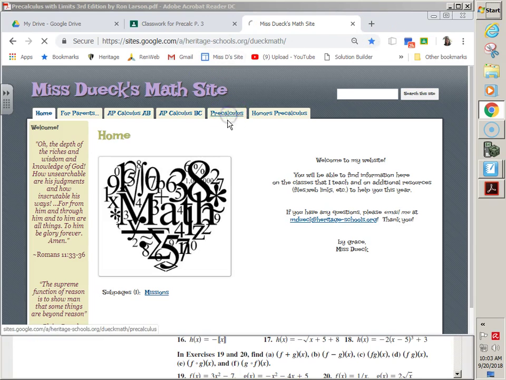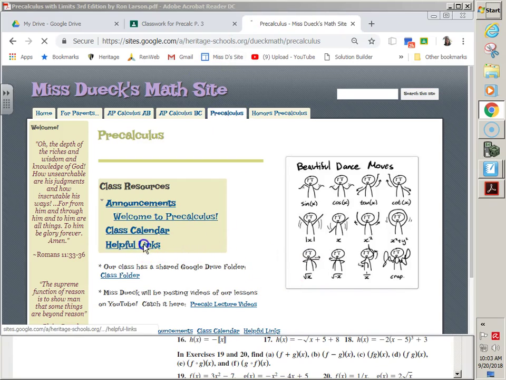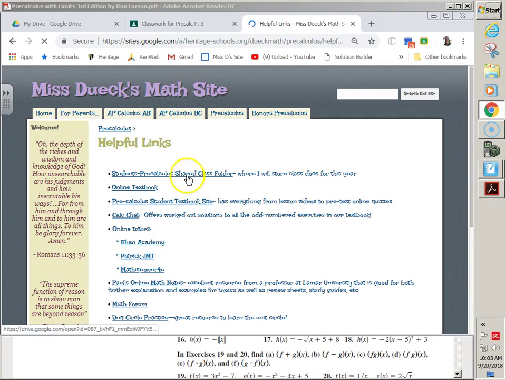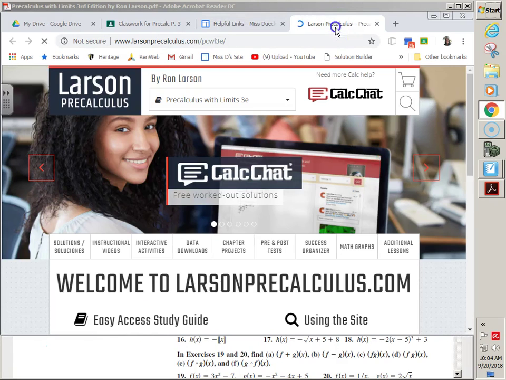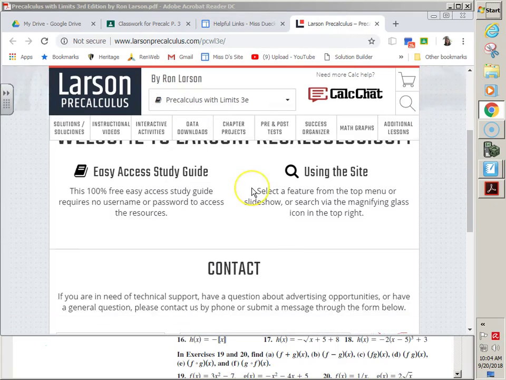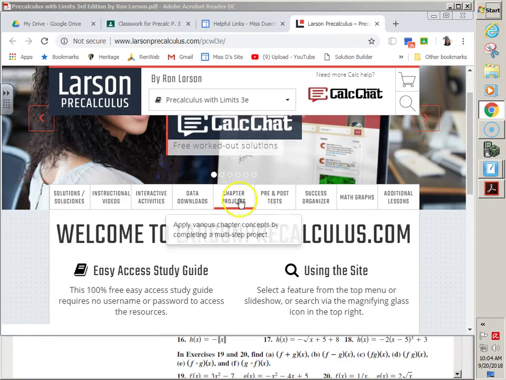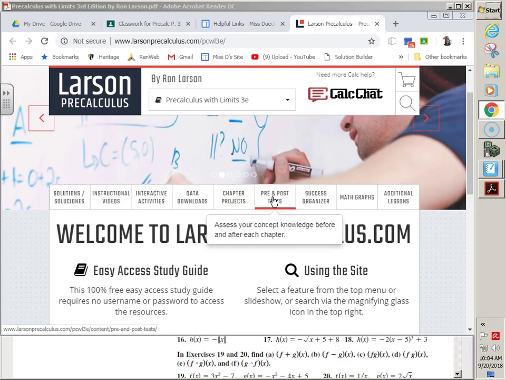Check out Precalc. Check out helpful links. Do you guys see that our textbook has a site? Has something to do with CalcChat. You guys go to CalcChat, and that does have to do with our textbook. But if you go to the textbook site, I want to draw your attention to something else. On the site, do you see this little thing called pre and post tests?